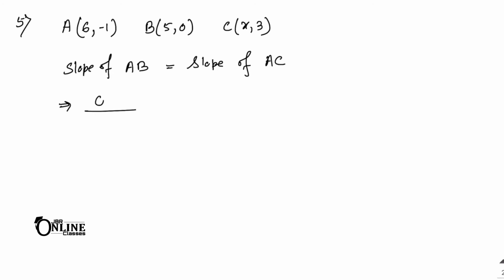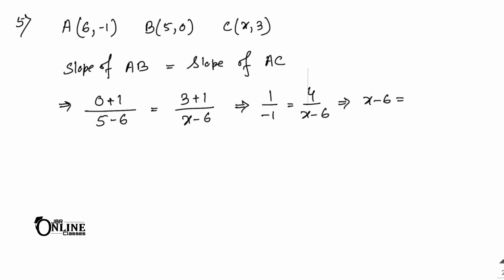So AB means 0 plus 1, then 5 minus 6, and AC means 3 plus 1 and then x minus 6. That implies 1 by minus 1, 4 by x minus 6. So you can write down this one as x minus 6 equal to minus 4, that implies x equal to 2. Okay, so your answer x equal to 2.